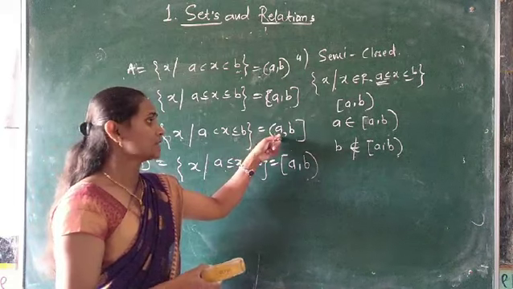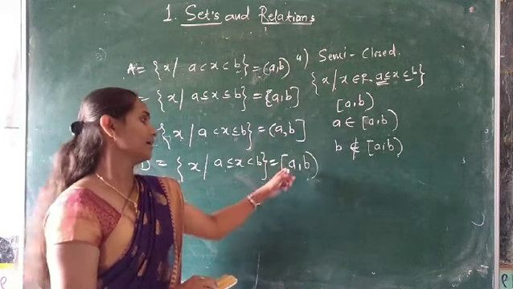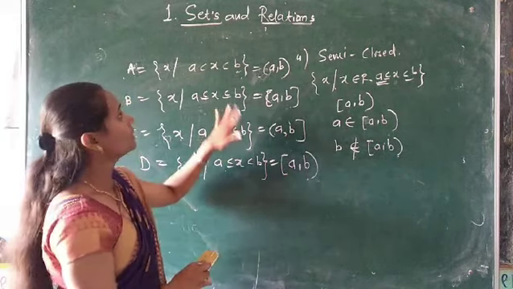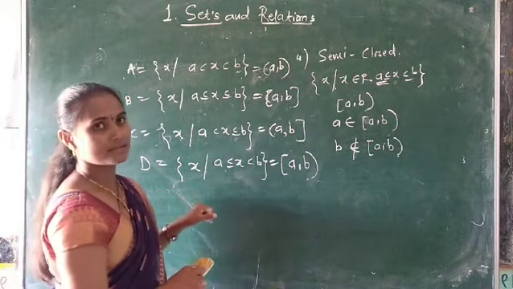In the semi-open one, a does not belong to this interval, and in this set b does not belong to these intervals.